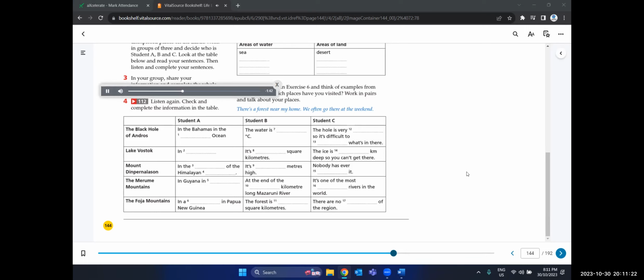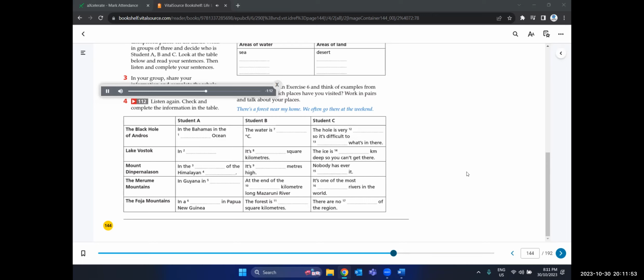Lake Vostok is 14,000 square kilometers and freezing cold. Unfortunately, it's been under a sheet of ice for 15 million years. The ice is 3.7 kilometers deep, so it's impossible to get to, though scientists have taken water from it.